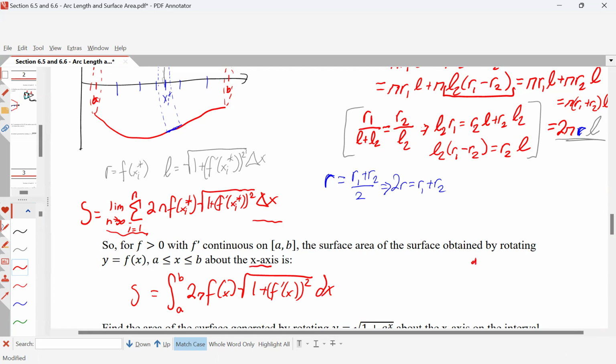If we wanted to go about the y-axis, we would do it in terms of y. So S equals the integral from c to d of 2 pi g of y square root 1 plus g prime of y squared dy. So these are our formulas to be able to find the surface area from a surface being rotated, or one of our solids of revolution. We will work with how to use those in the next examples.